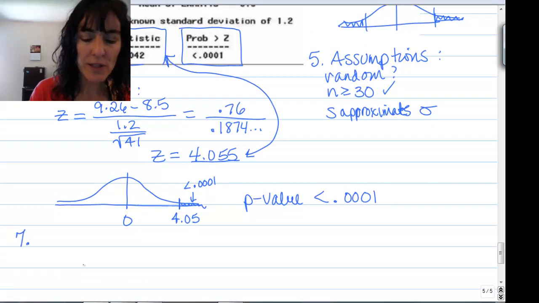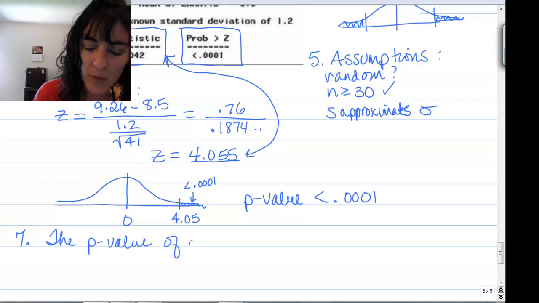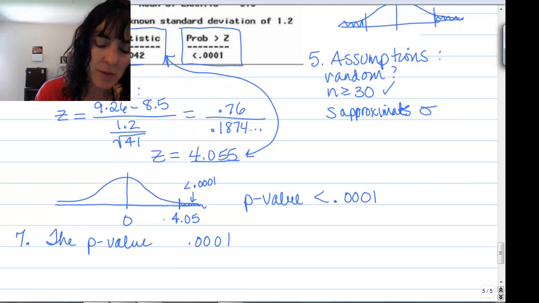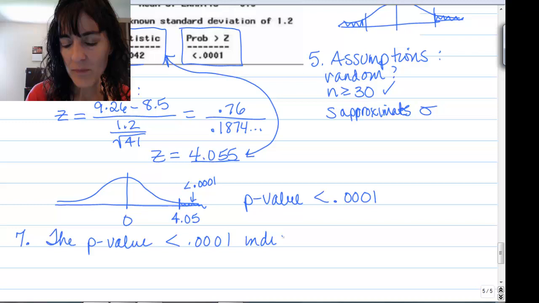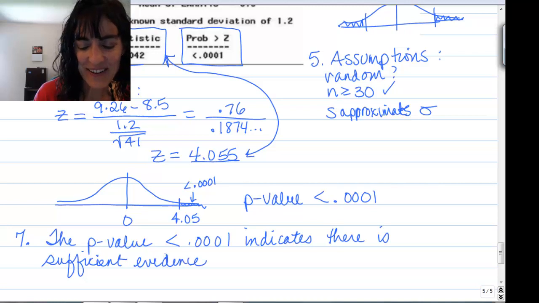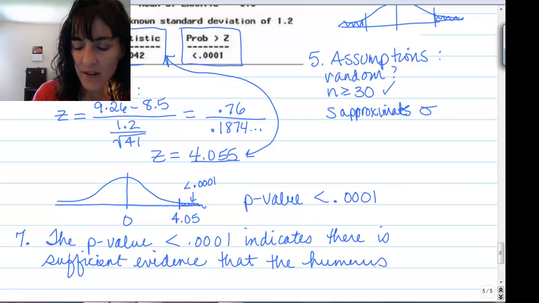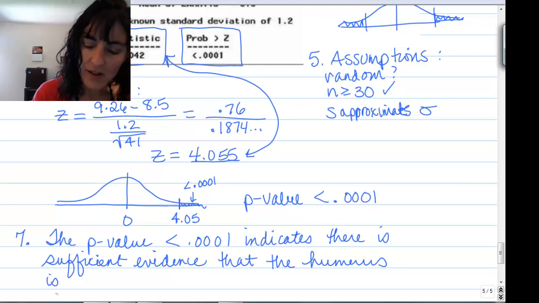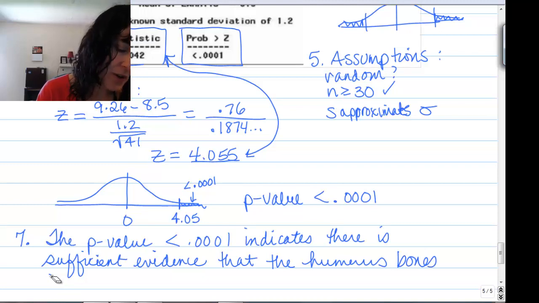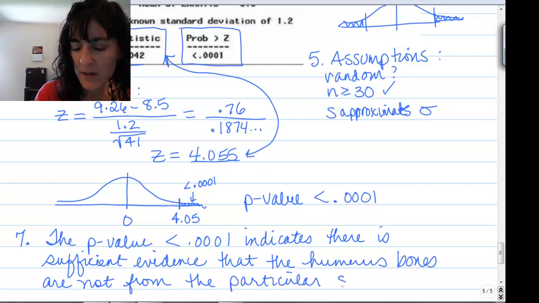And so for the interpretation, we're going to say that the p-value of 0.0001, or less than, to be more accurate, less than 0.0001, indicates there is sufficient, or overwhelming, evidence that the humerus bones, because there were several, right, the humerus bones are not from the particular species.